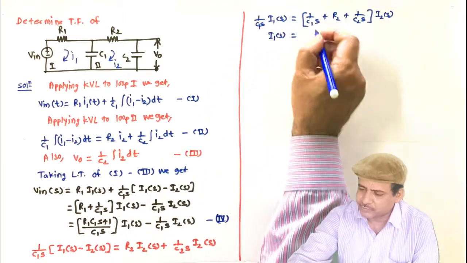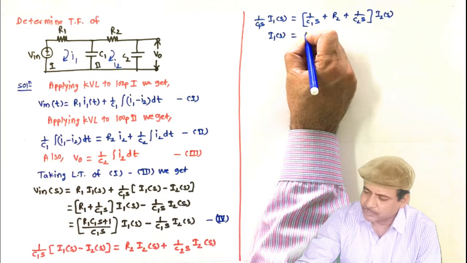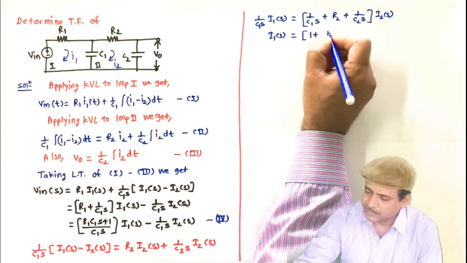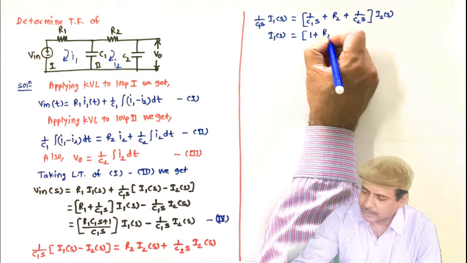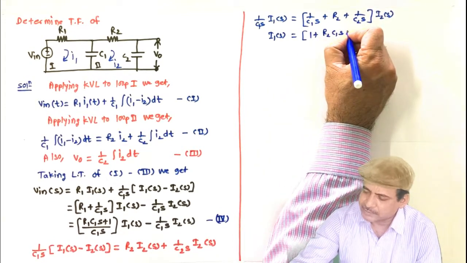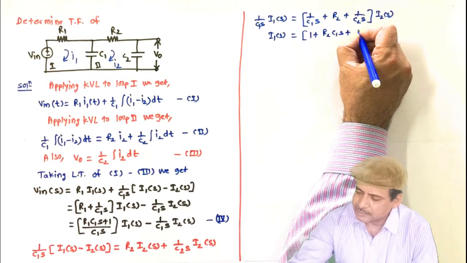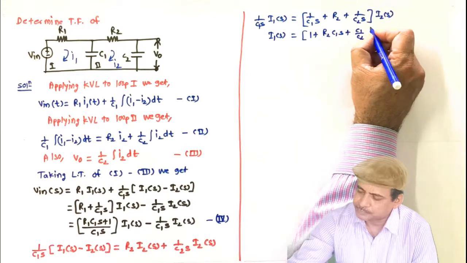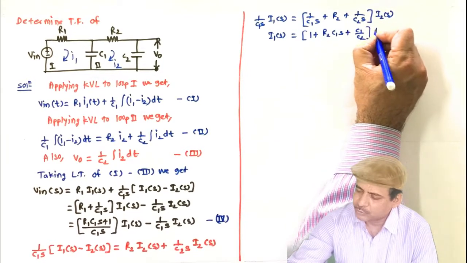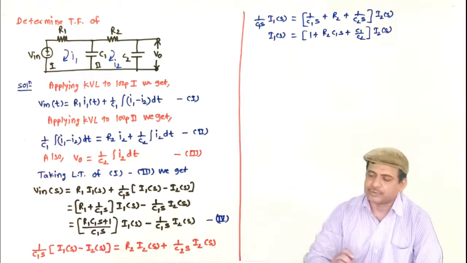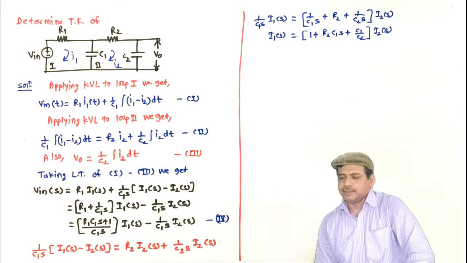This 1 by C1S will come here, so it will be 1 plus R2 C1S plus C1 by C2, into I2 of S. Correct.